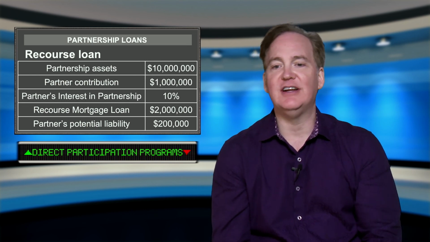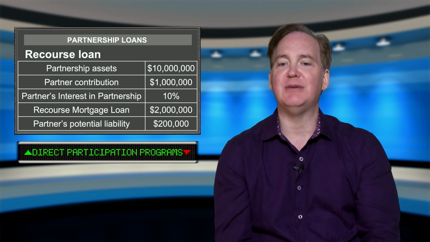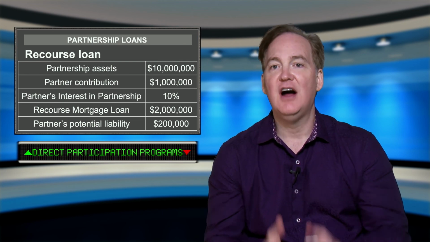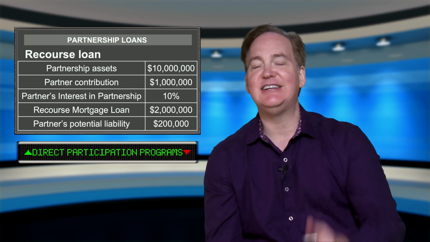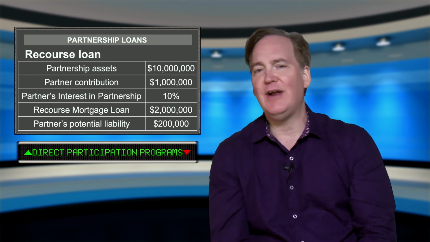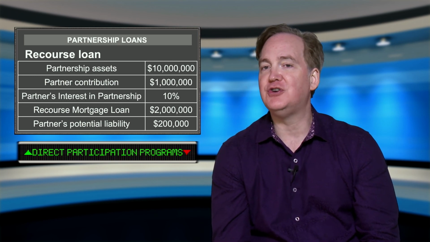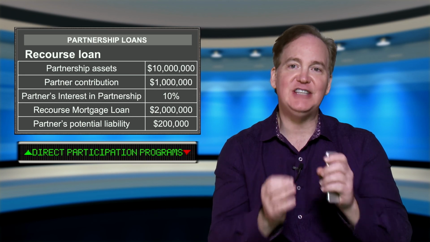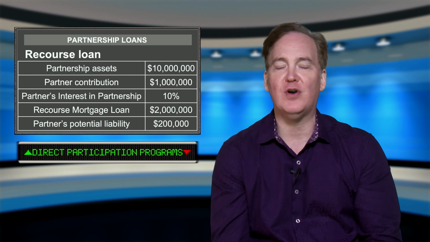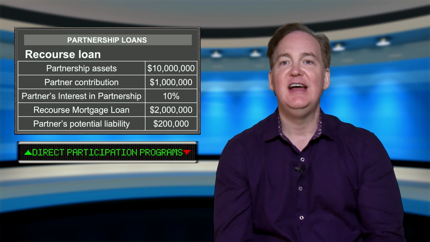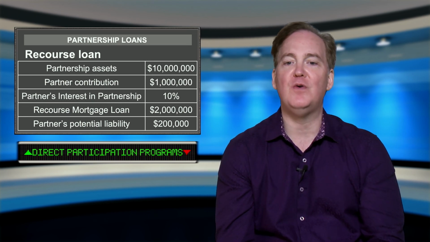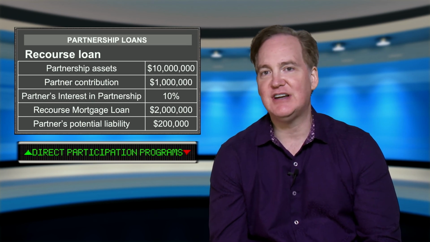Now, here we have a little example of a partnership that has $10 million in assets, and one person put up $1 million of that 10 million. They have a 10% interest in that partnership. They have taken out a recourse mortgage loan for $2 million. If this partnership goes bad on this mortgage or defaults on the mortgage, that particular person is going to be responsible for the repayment of 10% of that loan, or $200,000.